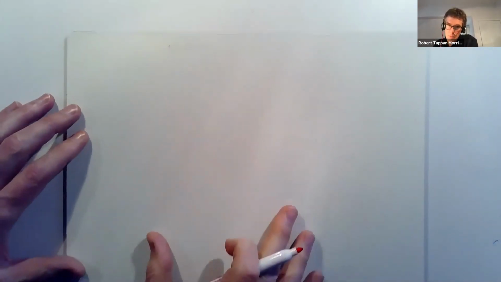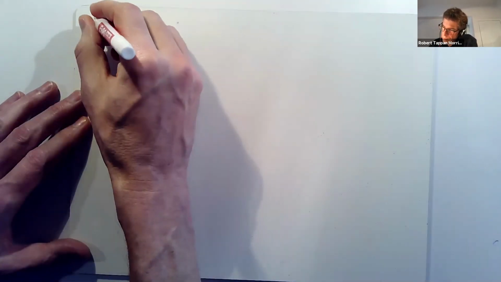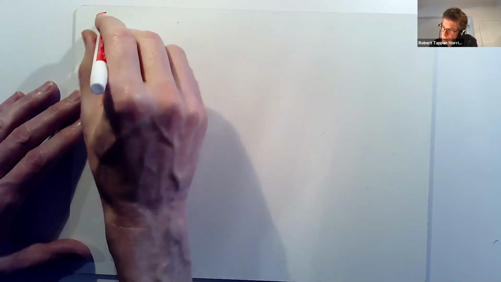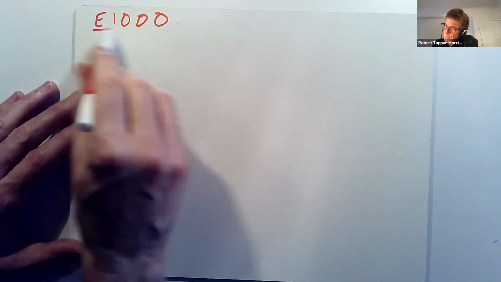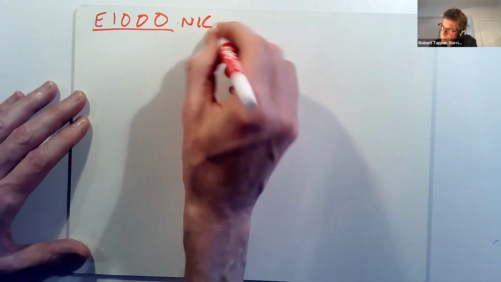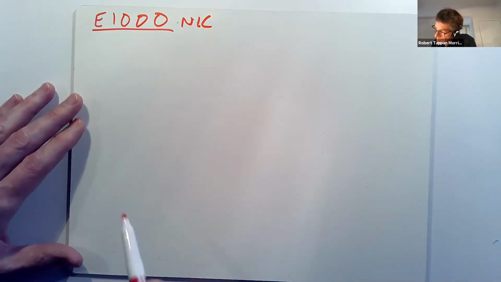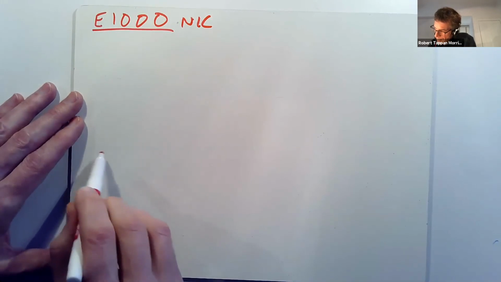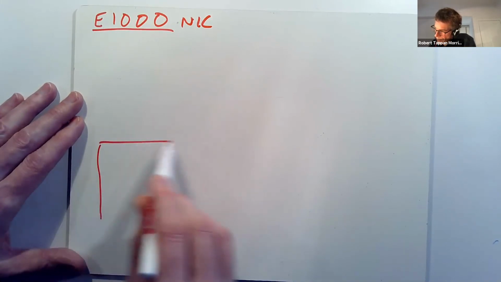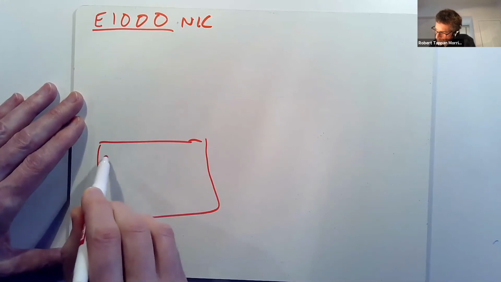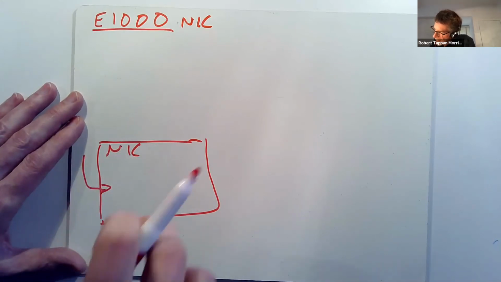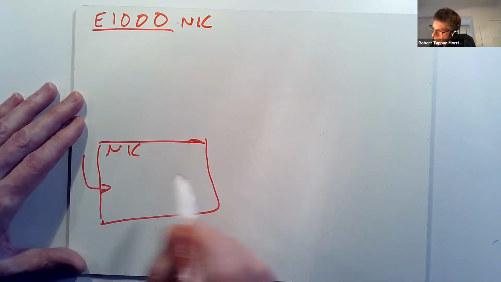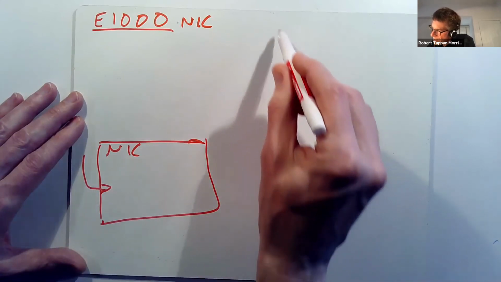A much more modern arrangement looks like this. Now I'm going to talk about an arrangement which shows up in the E1000 NIC, which you'll use in the lab, or a simulation of which. The way the E1000 NIC works, it has its wire and it's looking at the electrons, but as the packets arrive, the NIC writes them.